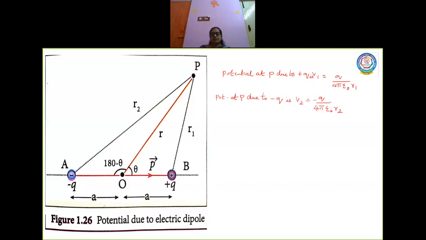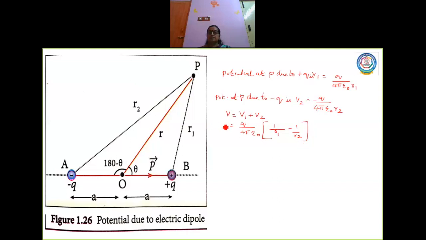Now individually I will find the values of V1 and V2 and then combine. The total potential V is equal to V1 plus V2, which is equal to Q by 4 pi epsilon naught, the common term between V1 and V2, times 1 by R1 minus 1 by R2.